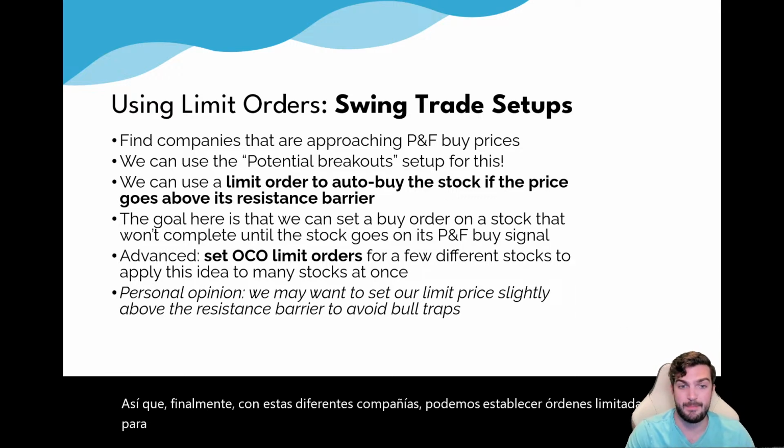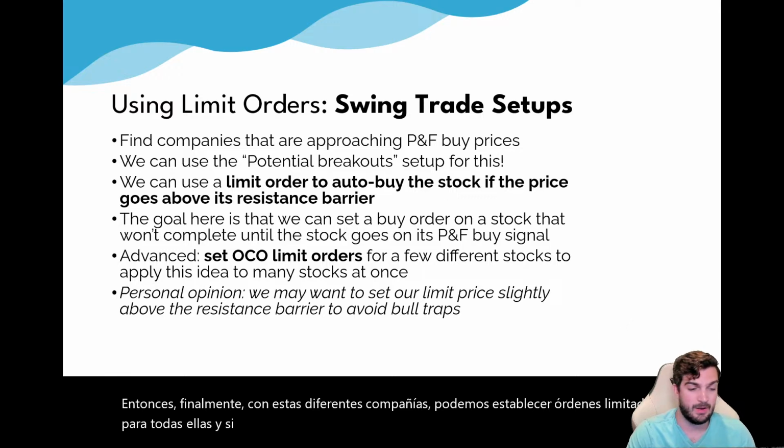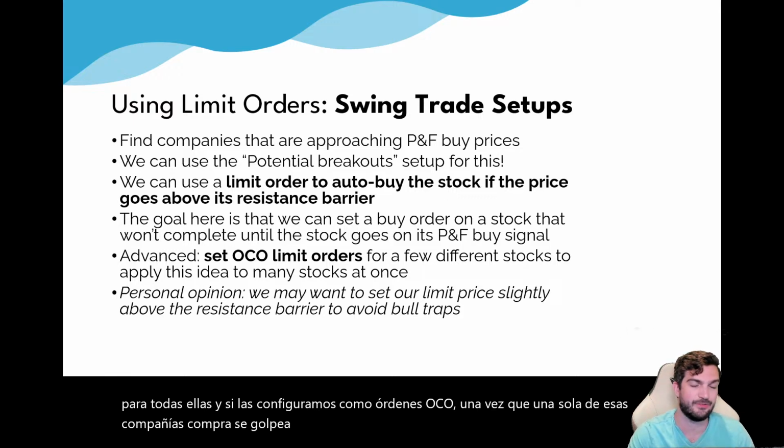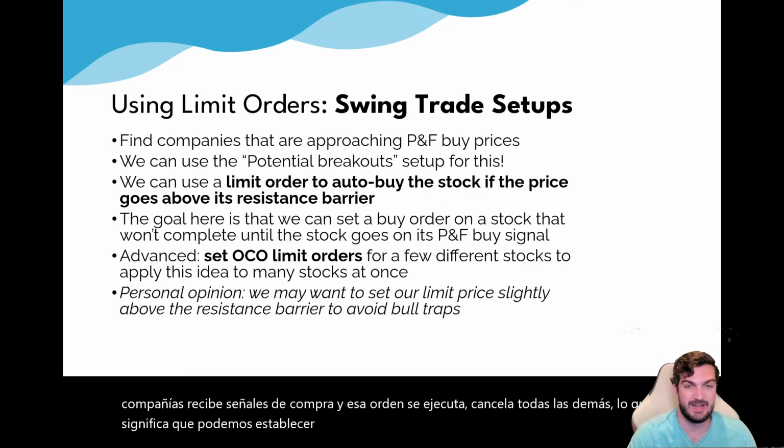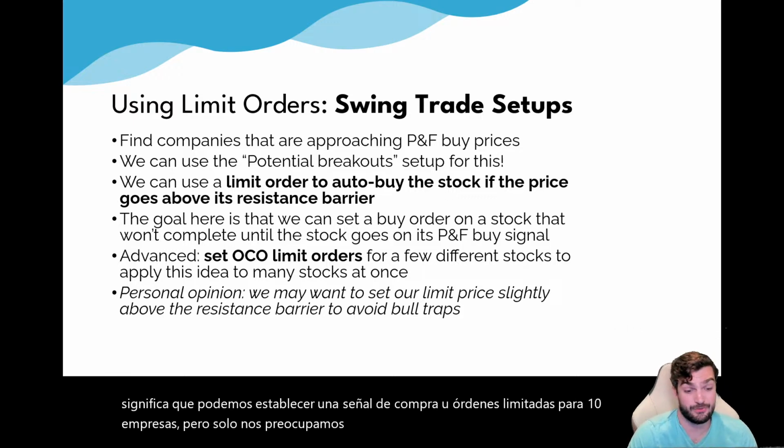And if we set them up as OCO orders, once a single one of those companies' buy signals is hit and that order executes, it cancels all of the other ones. Meaning, we can set a buy signal or limit orders for 10 companies, but only worry about buying one, which really is probably what we're looking for in most cases.